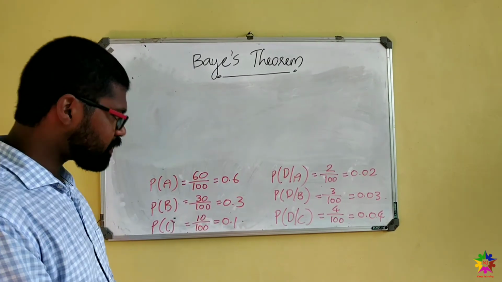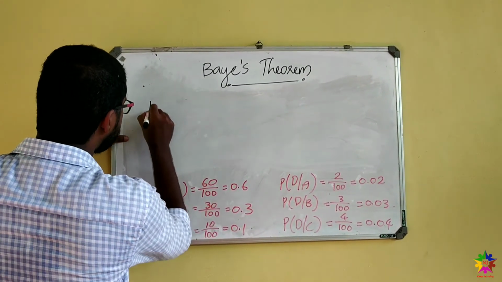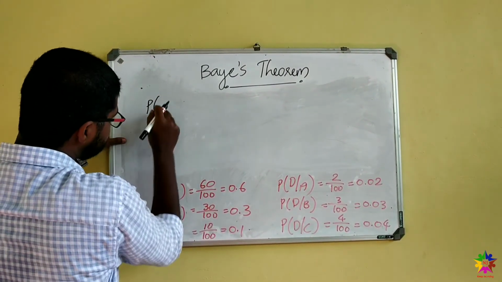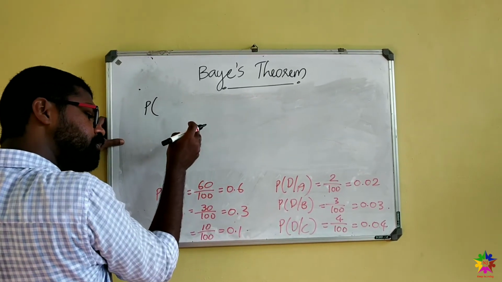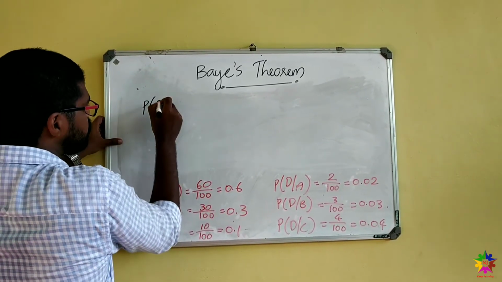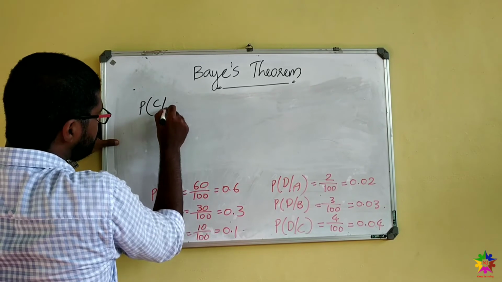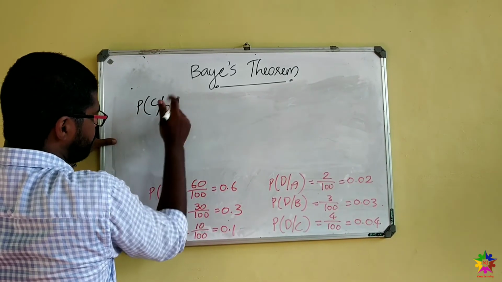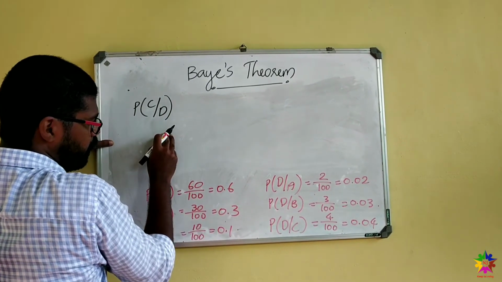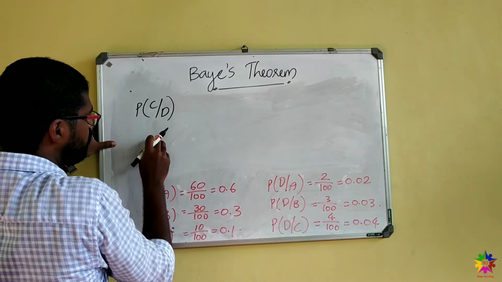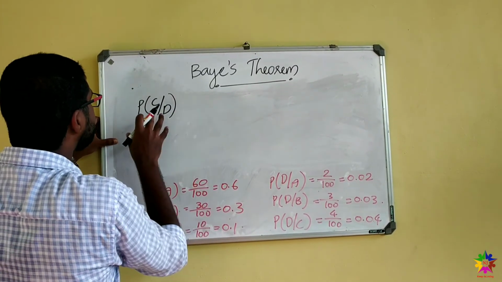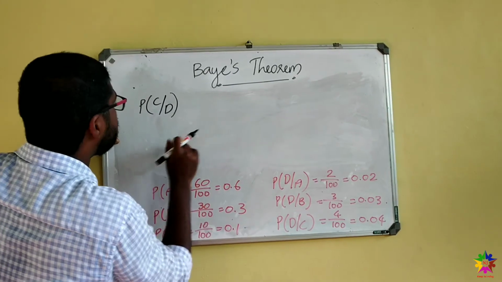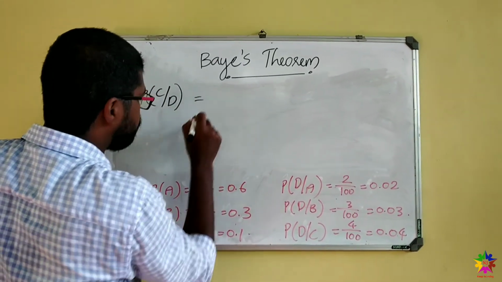So our question is, what is the probability that a defective product was produced by machine C? So that is C given the product was defective. So let's state the case once again and we will get a clear picture. We have to rewrite the equation.